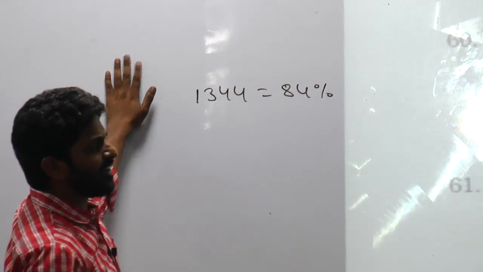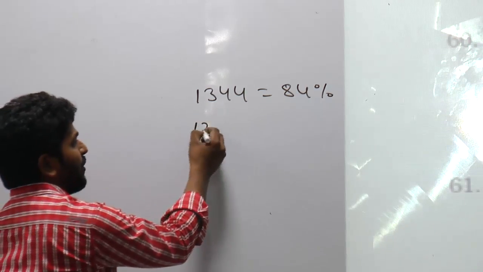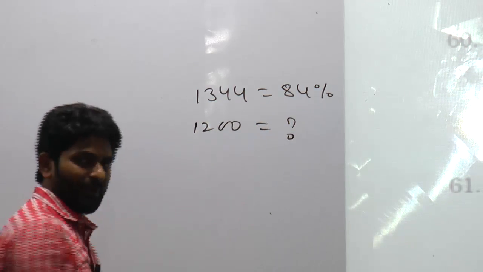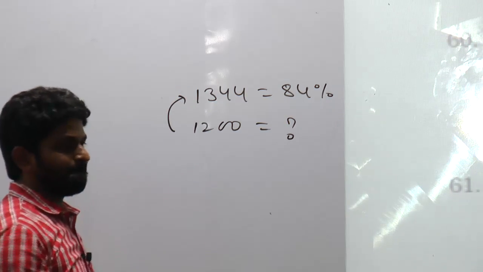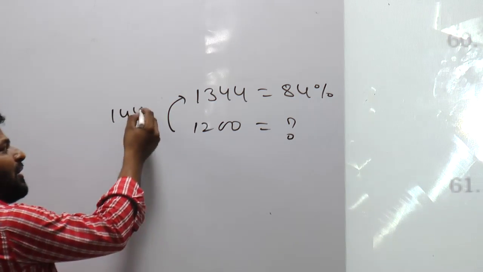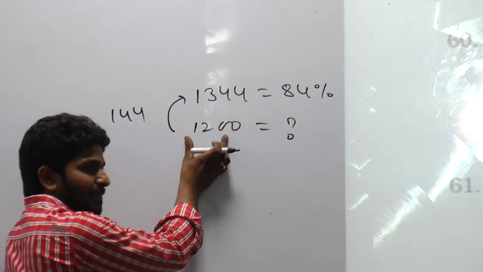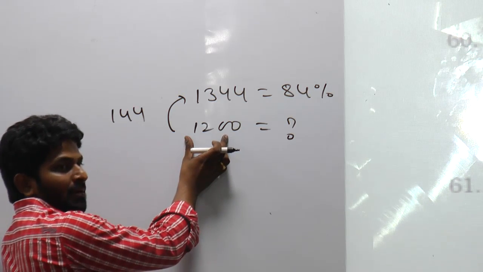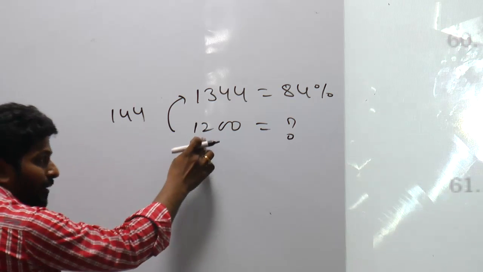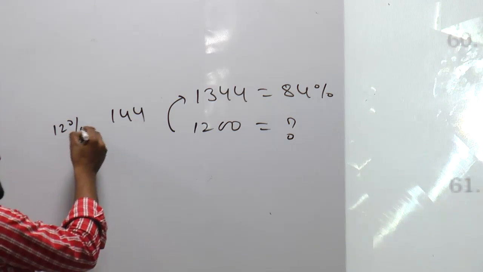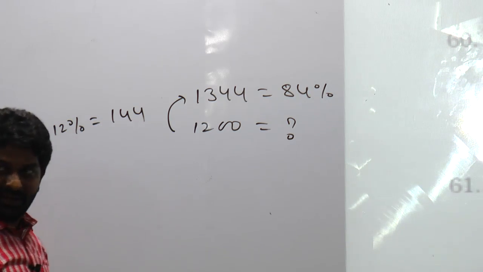Now, what percent marks did Amit score? Amit scored 1200. 1200 is equal to how much? What is the difference between these two numbers here? 144. What about 10% of this number? 120. 1%? In the sense, on the below number, it occupies 12%. Yes or no?